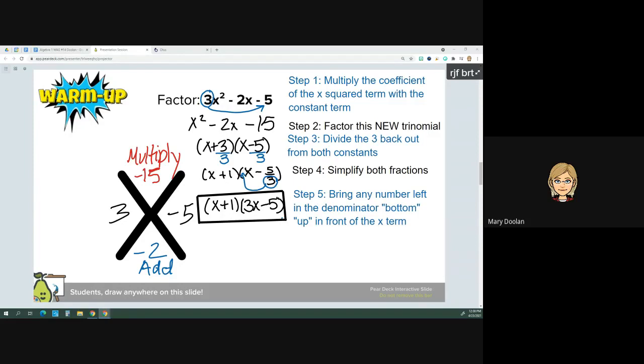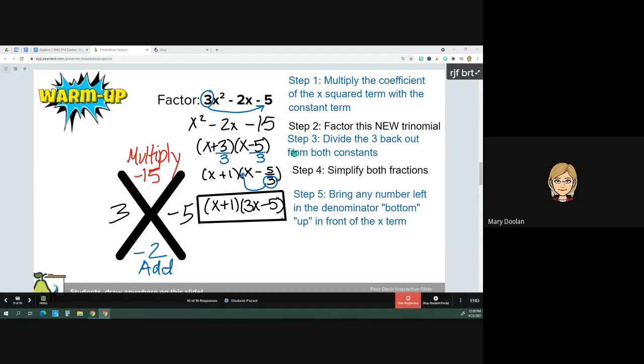And you can always check your answer by multiplying that out. You can FOIL it, or you multiply the first terms, the outside terms, the inside terms, and the last terms, and you would come back to the original polynomial that you started with.